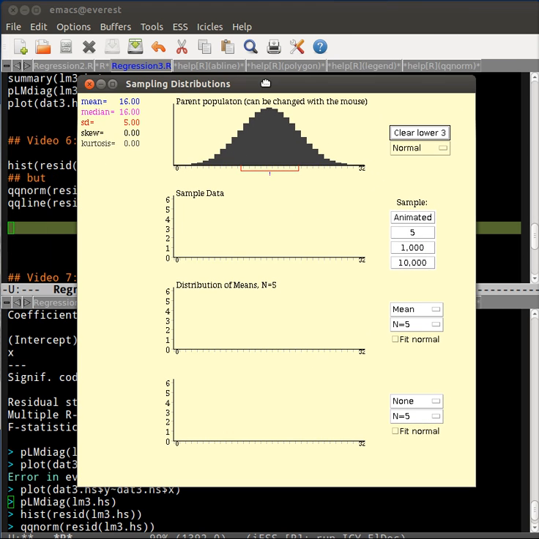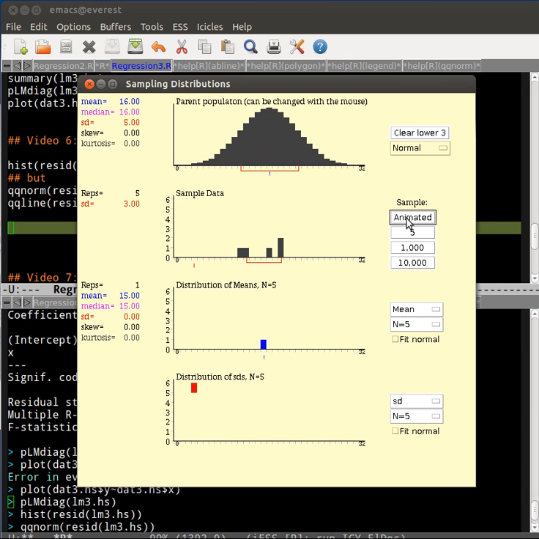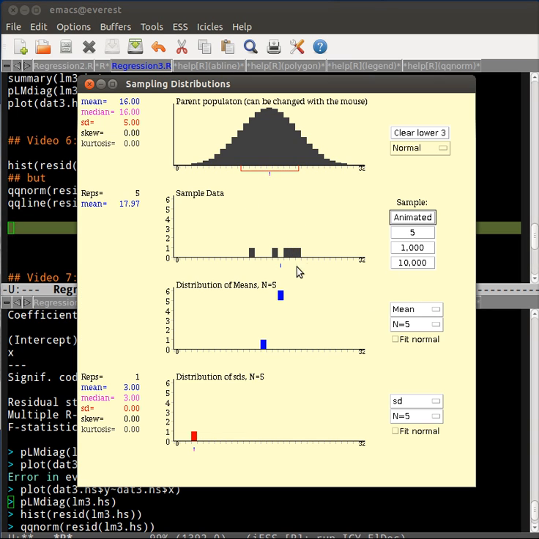Yep, there we go. Okay, I have an applet here where I can demonstrate the central limit theorem just by taking samples. The most important aspect of this is for us to appreciate that when we take a sample, and here's a sample of 5 at a time, each time we take a sample, we get a sample with a mean. And that mean is going to have a distribution about it. So this is the sampling distribution, the distribution of means and the distribution of standard deviations.